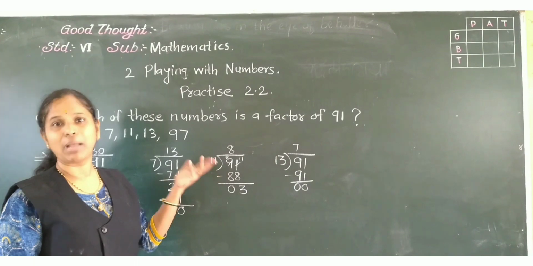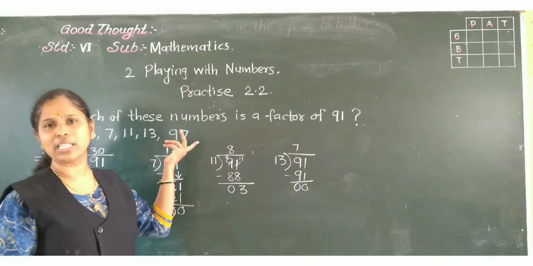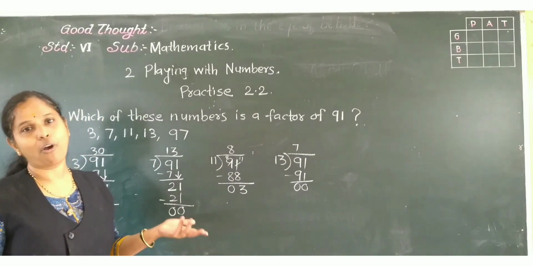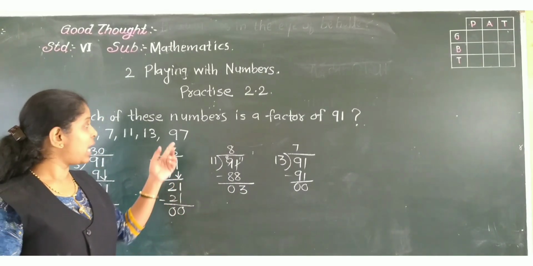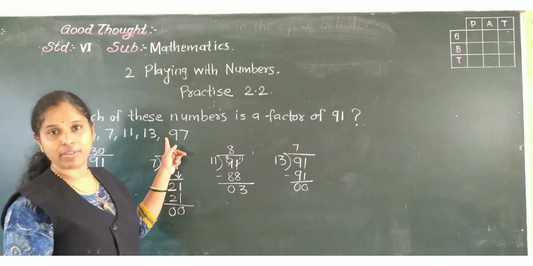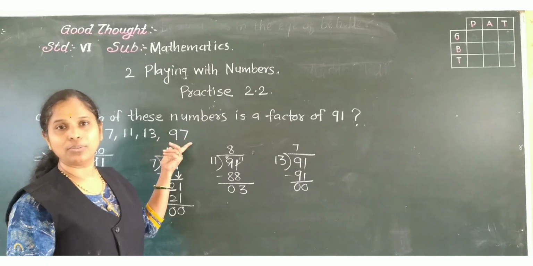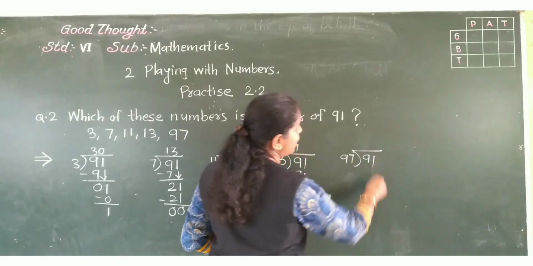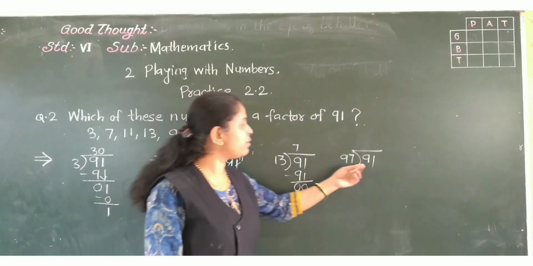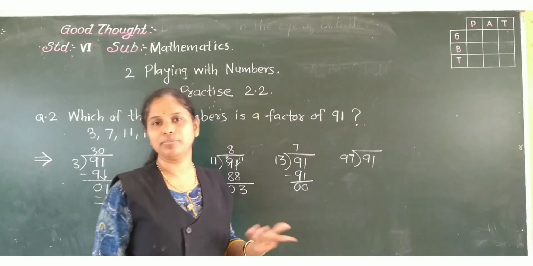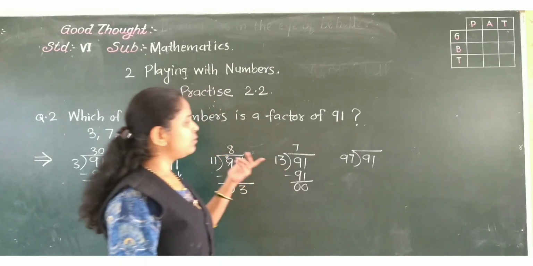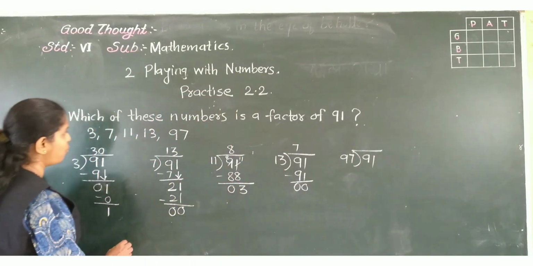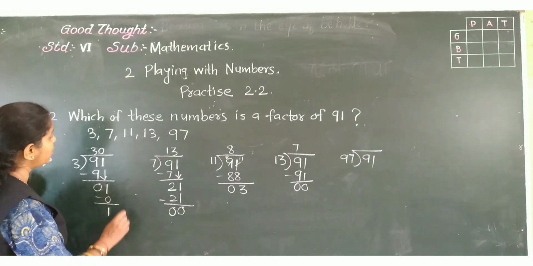No. Only by observing we can say no, as it is greater than 91, it cannot be a factor of 91, because can we divide 91 by 97? No. Again see here 97 and here 91. Can we divide a smaller number by a bigger one? No. So 97 is not a factor of 91. Therefore, what is the answer?